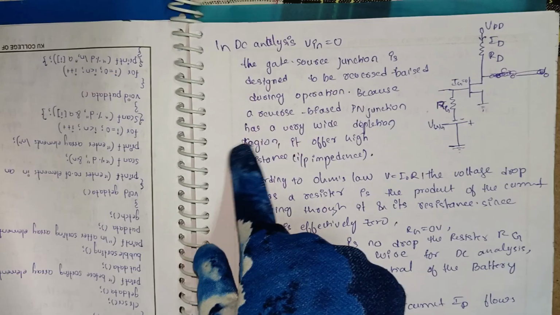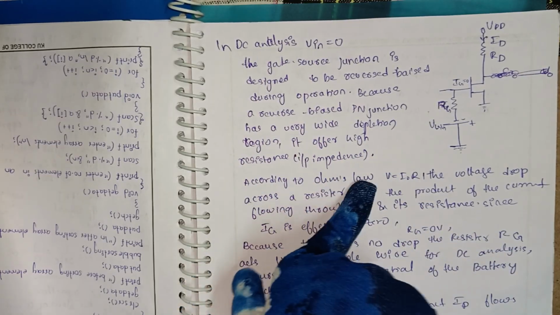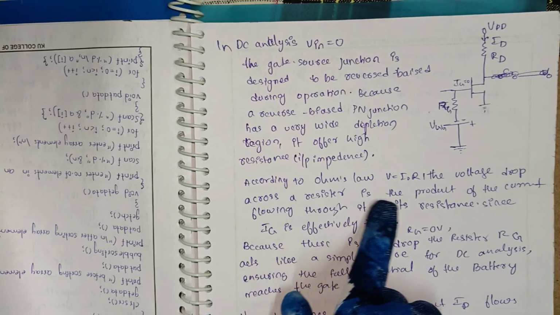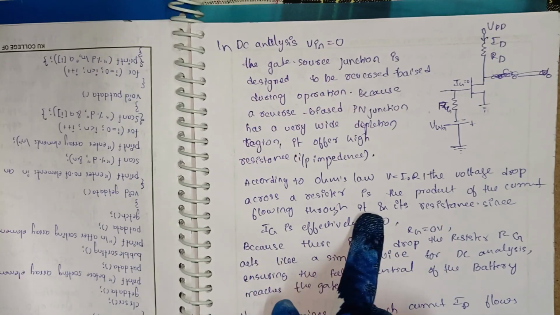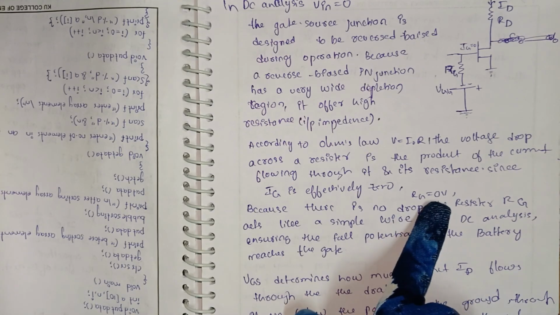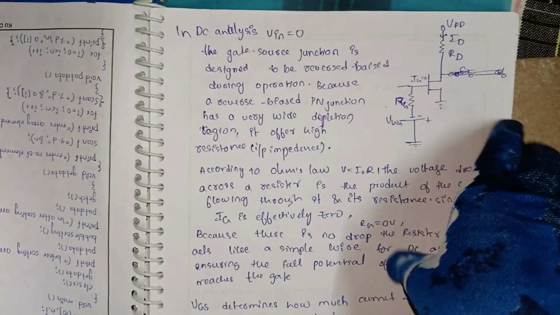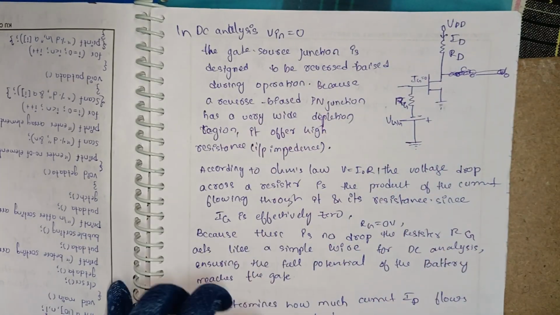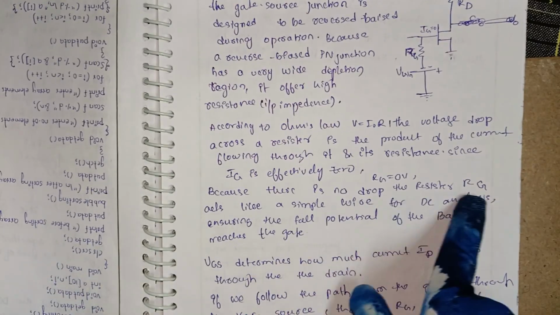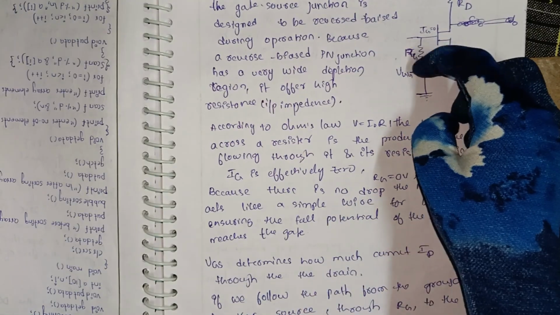Because the reverse biased PN junction has a very wide depletion region, it offers high input resistance. According to Ohm's law, V equals I into R. Since Ig is effectively 0 because of reverse biasing, the drop across Rg is 0, so the resistor Rg acts like a simple wire for DC analysis.